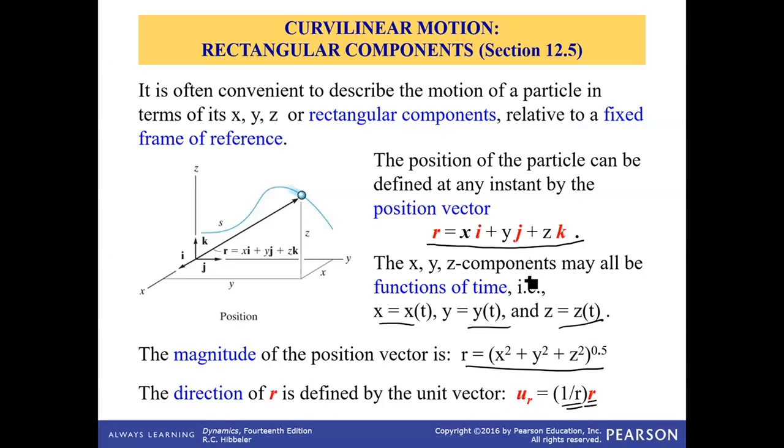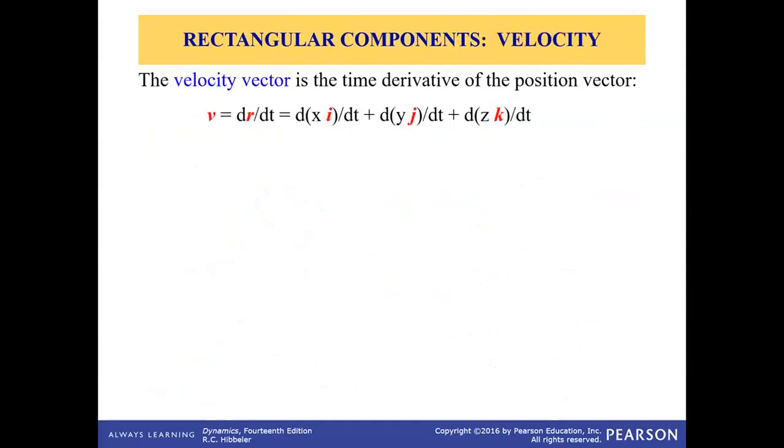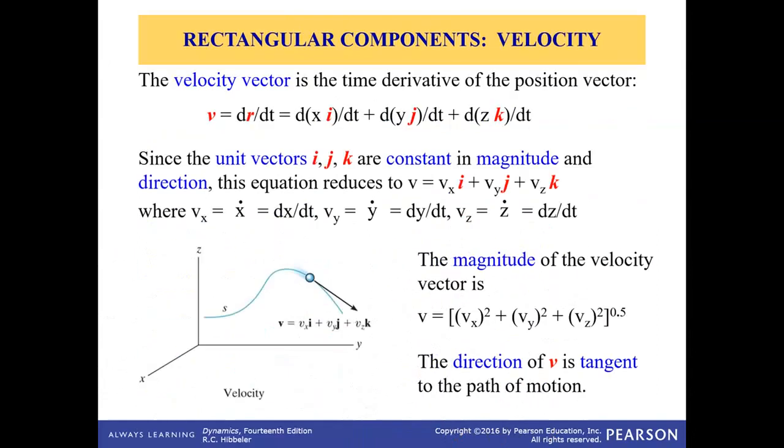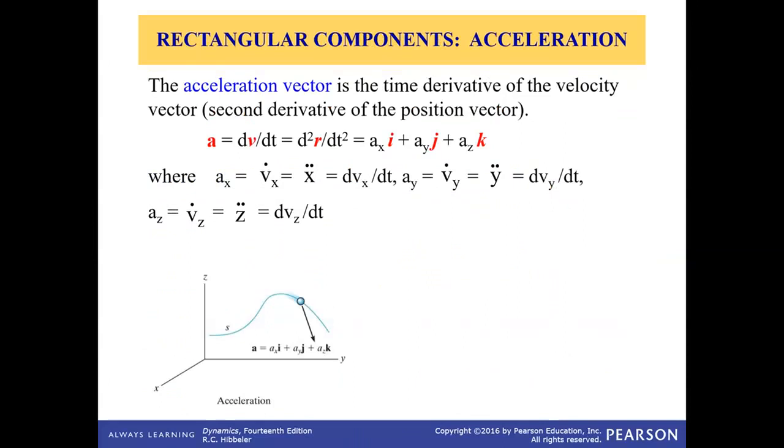In these presentation slides, anything that is red and bold means it's a vector. Anything that's plain means it's a scalar. Velocity is the derivative of position, and that's how we get the velocity components. And acceleration is the derivative of velocity, and that's how we get the acceleration at different points.